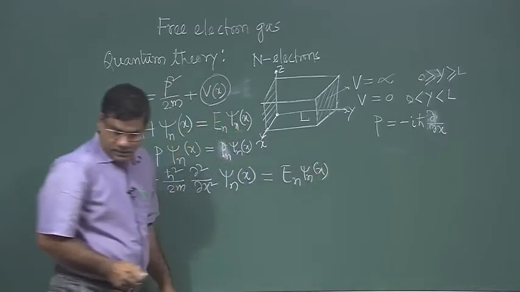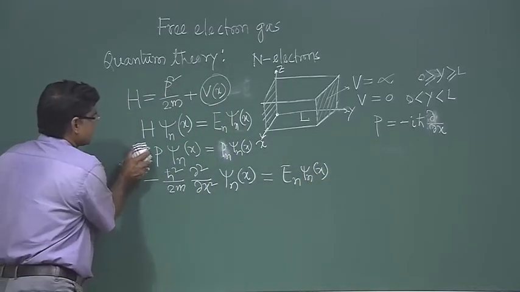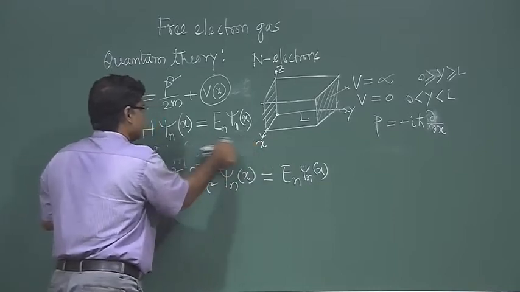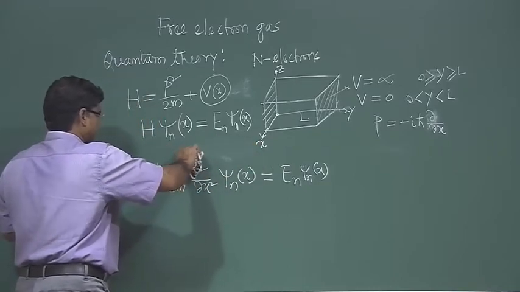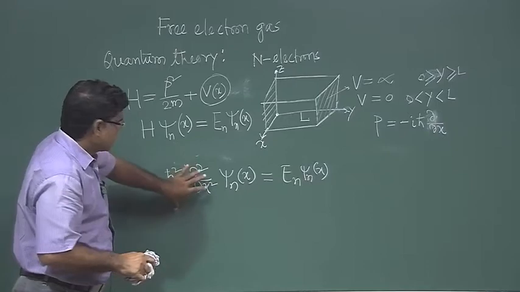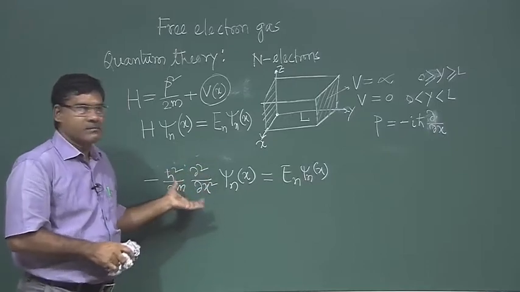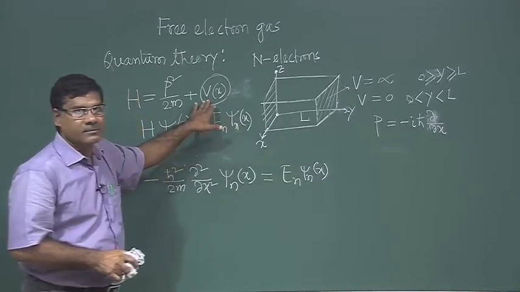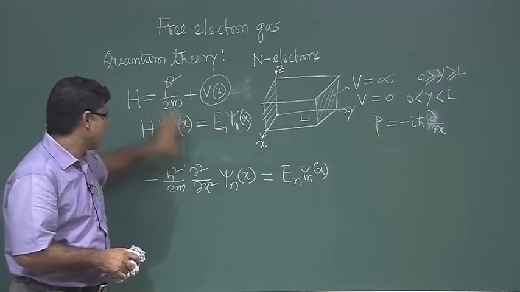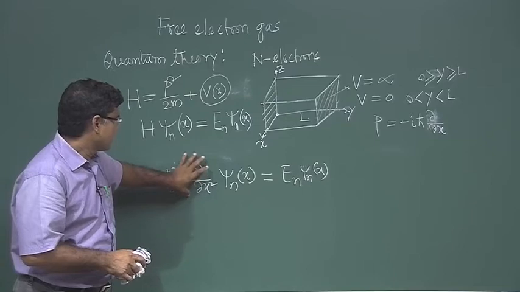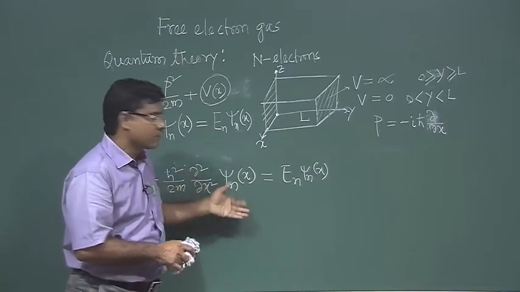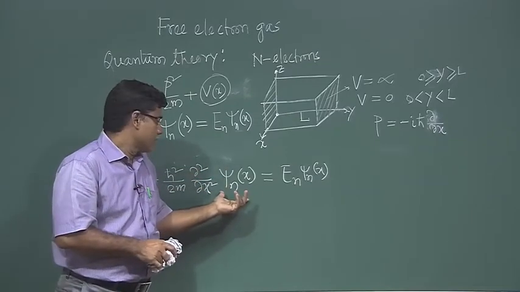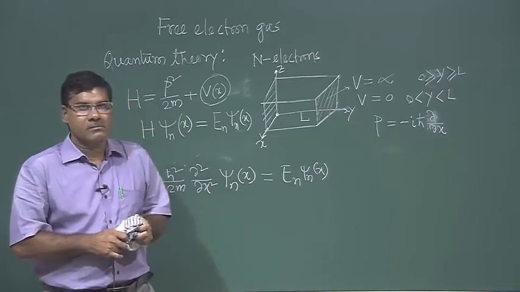So, we have chosen the proper Hamiltonian for our system. Here the potential energy is 0, only kinetic energy is there, and we operate it on the wave function. The form of the wave function I do not know.